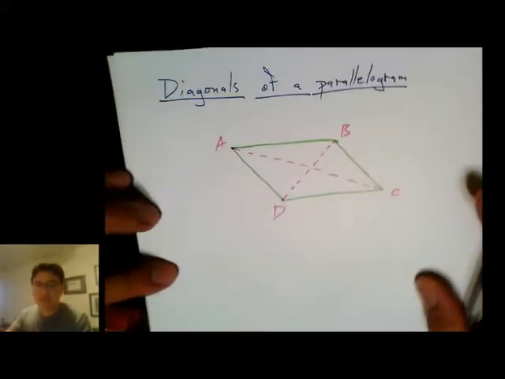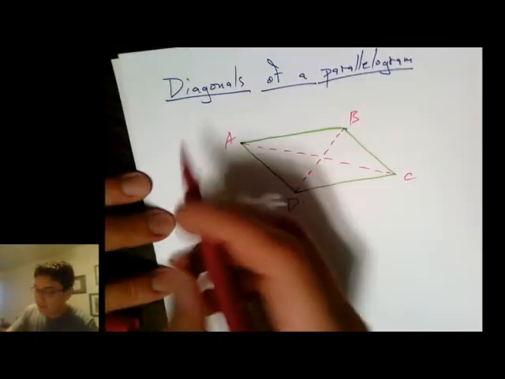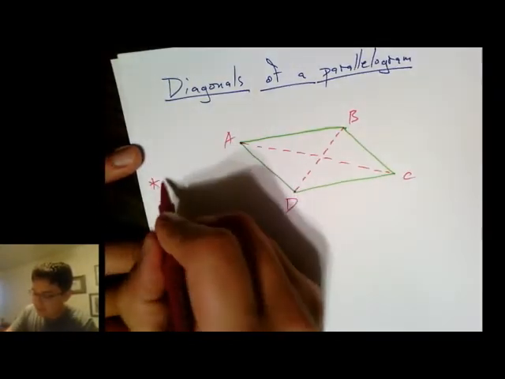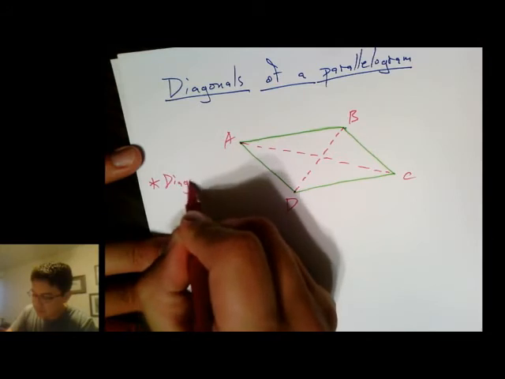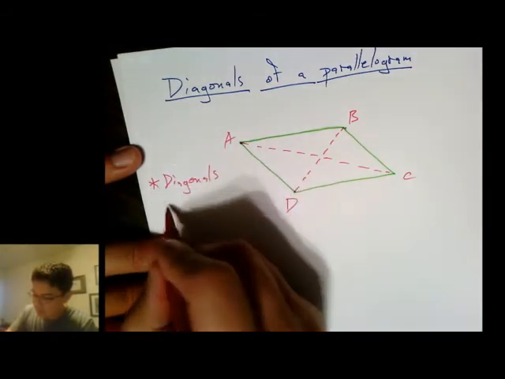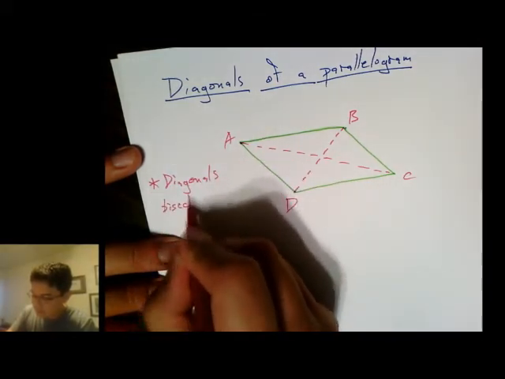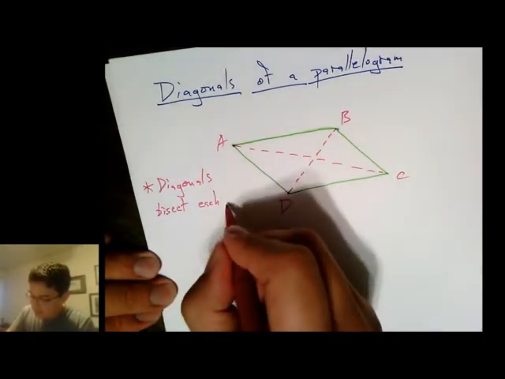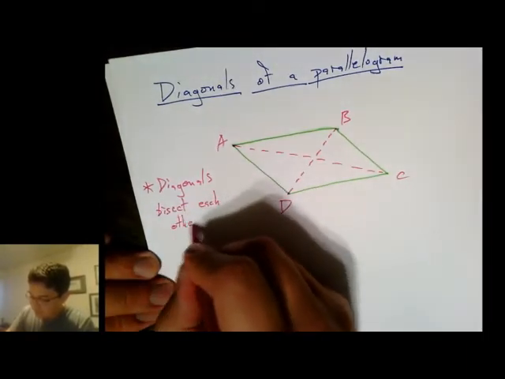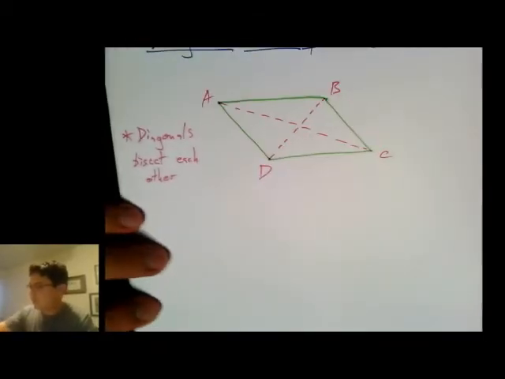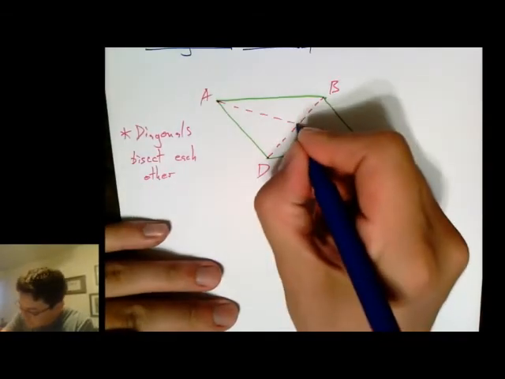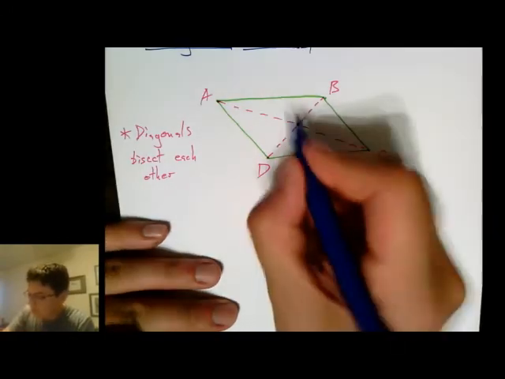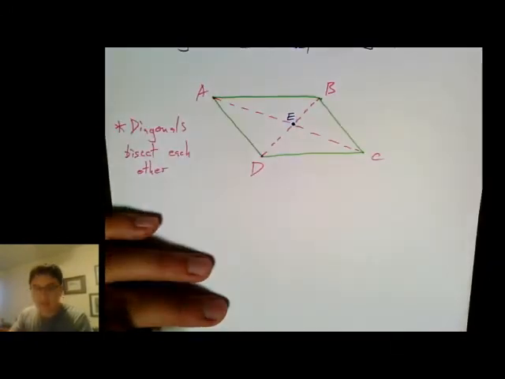Here's what you need to know: the diagonals of a parallelogram bisect each other. So what that means, let me label one more point on here. We're going to call this point here in the middle E, just so we keep the lettering the same.